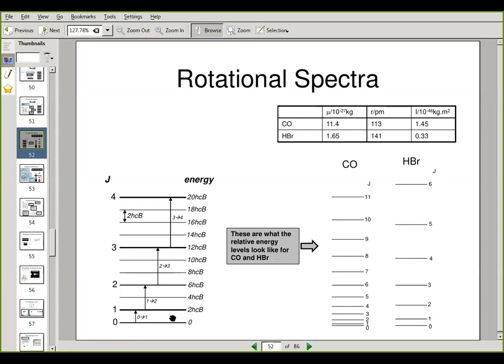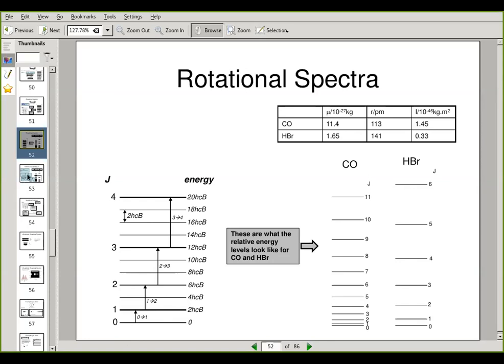But if you go back to the energy levels, they go 0 to 6, 12, 20. So please remember these relative positions of those energy levels, because they're going to become very important when we look at more complex spectra that we're about to do.